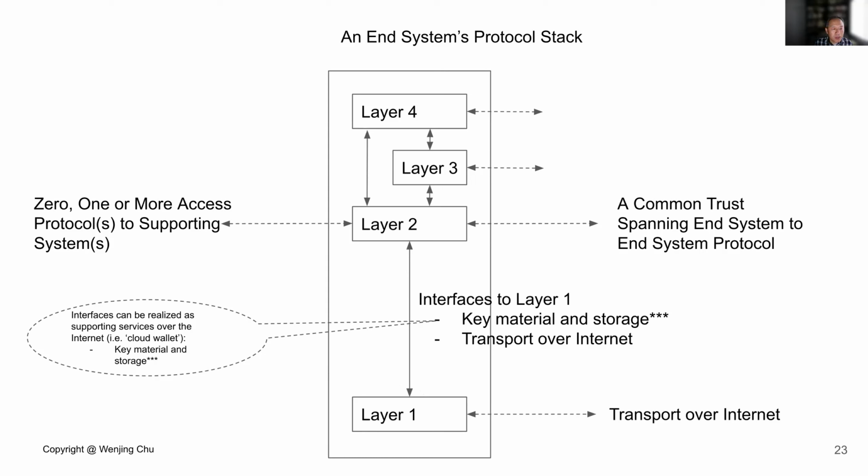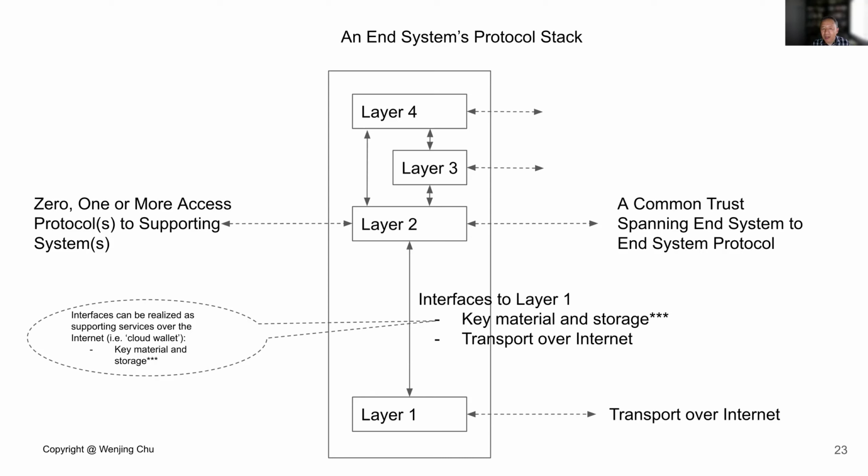In addition, layer 2 needs zero, one, or more access to support systems, so that these support systems allow layer 2 to be able to prove the authenticity.